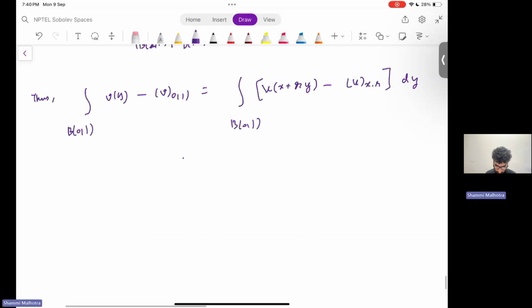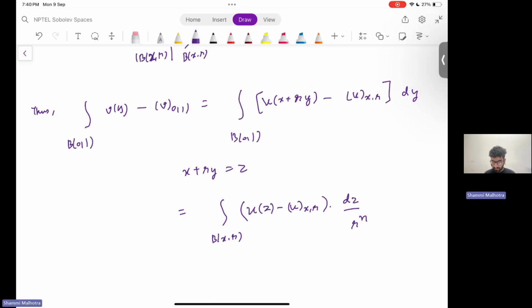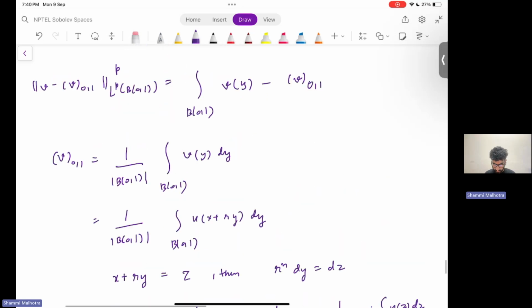And again, we transform x plus ry to be z. So this is nothing but the integration over B(x,r) of u(z) minus u_{x,r} dz, divided by r to the power n. So this will be the left hand side.